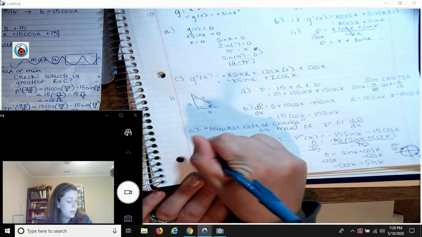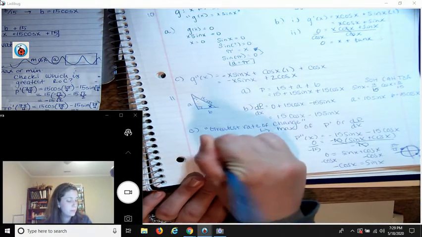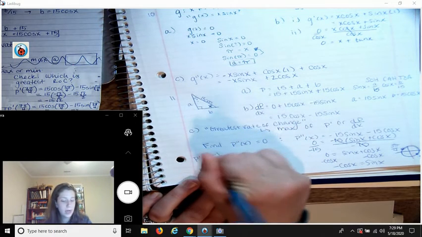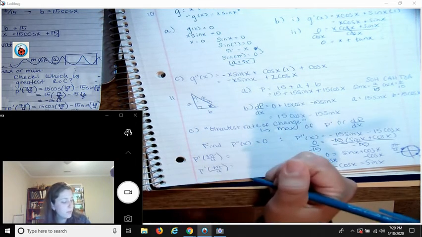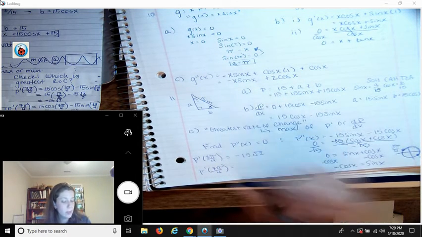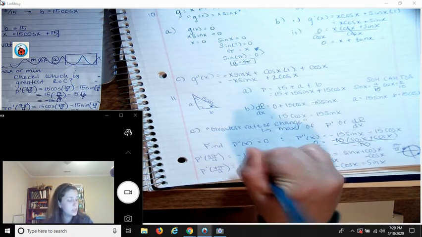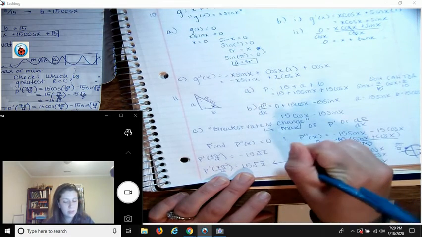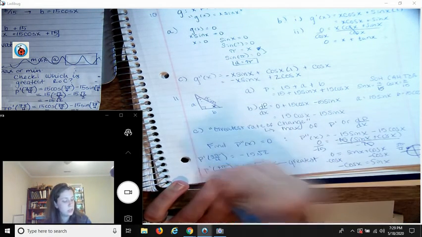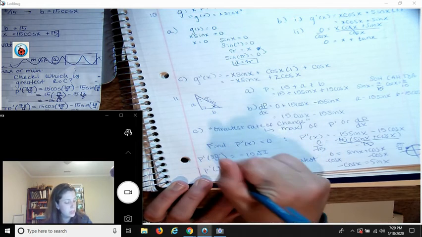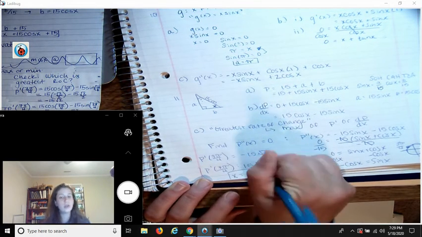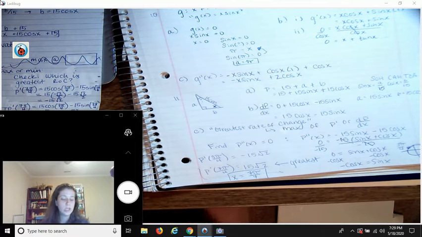P prime of 3 pi over 4 gives you negative 15 root 2, and P prime of 7 pi over 4 gives you positive 15 root 2. So this one has to be the greatest. This would be our solution: x equals 7 pi over 4 is our greatest possible rate of change.